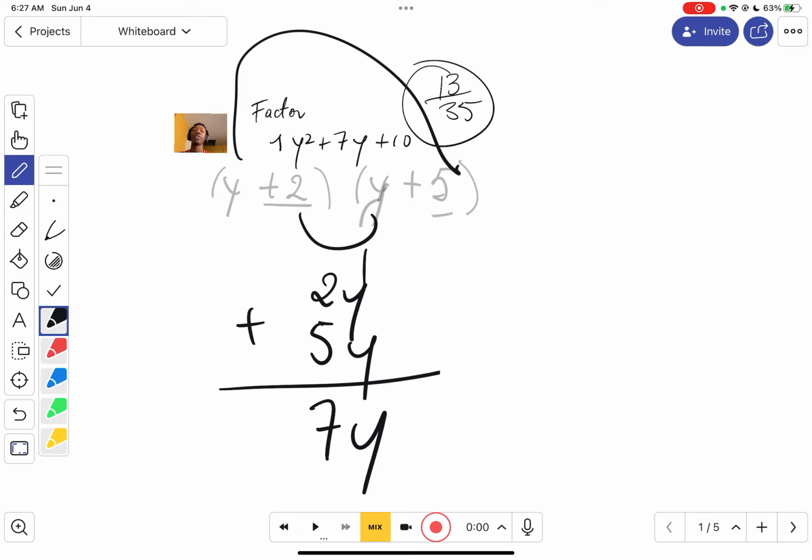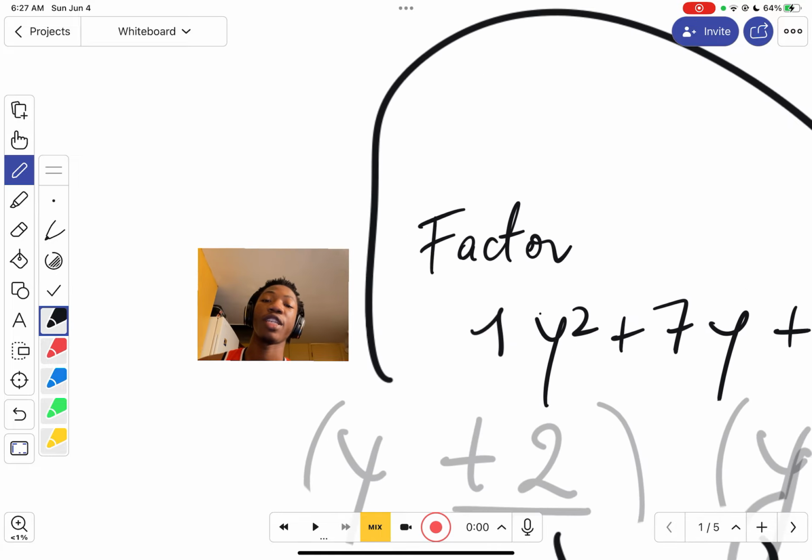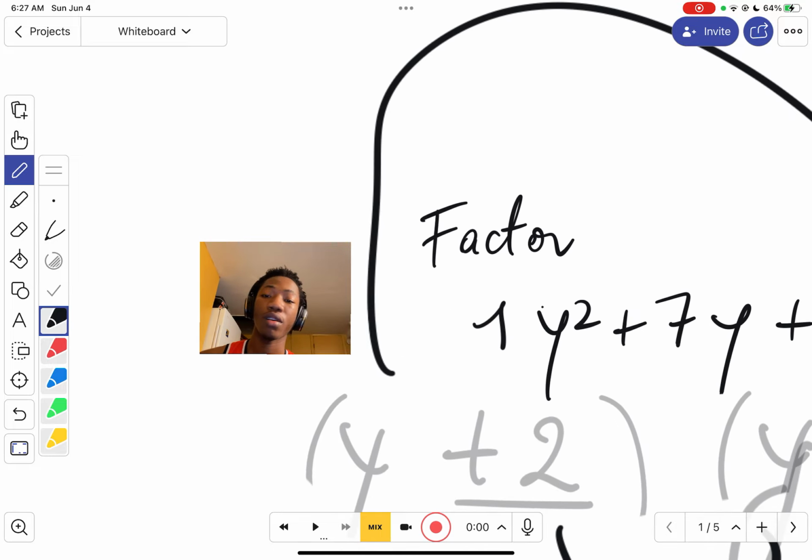If it's not equal to b, it just means that the numbers you used to factor the equation at the beginning were not the numbers you should have been using.